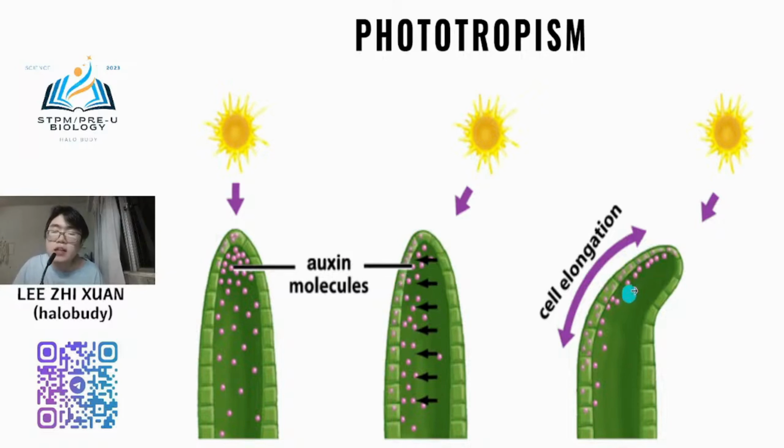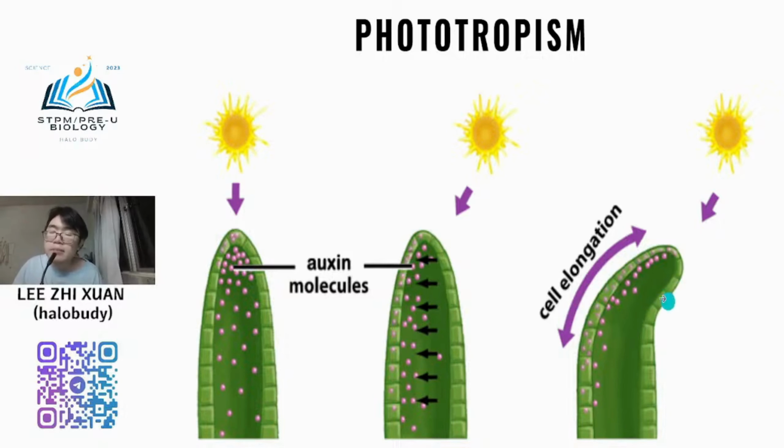That is why you can see the plants face toward the sunlight. Why? Because the auxin is accumulated at the darker side and the cells only elongate there.